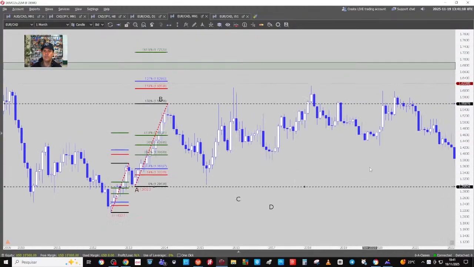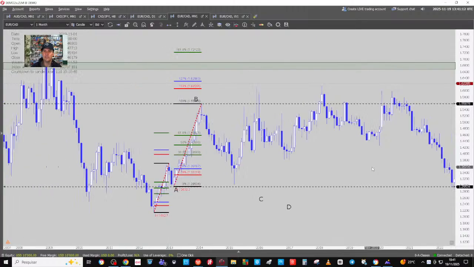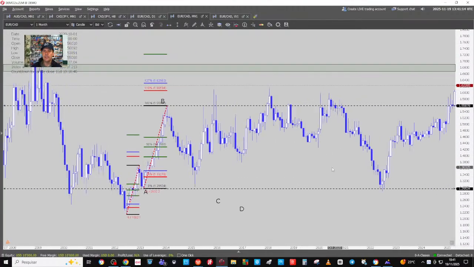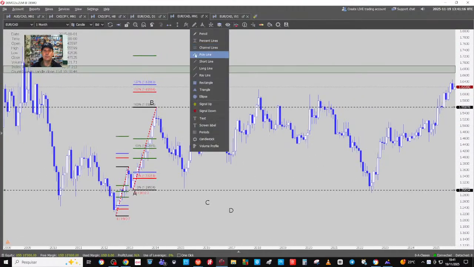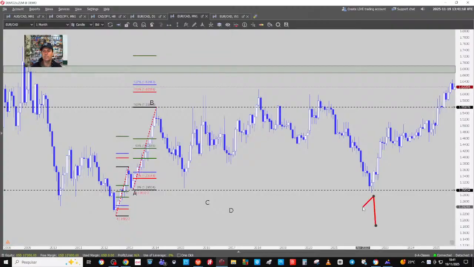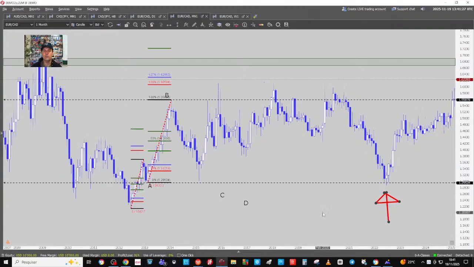Okay, whoops, give me a second. As you can see, everybody, the market broke the Fibonacci in here. Can you see it? I mean, not this one, right? So we're going to do one more, okay? A, B, C, D. Now this is the C, everybody.